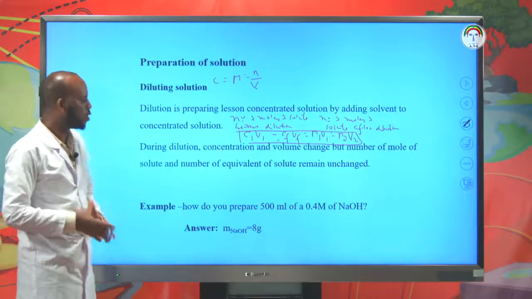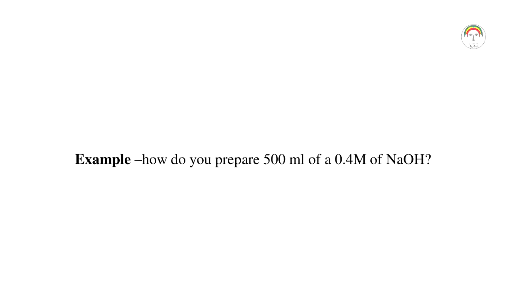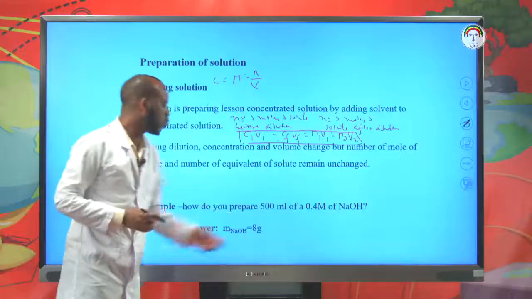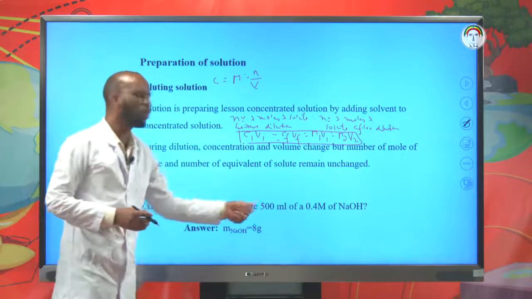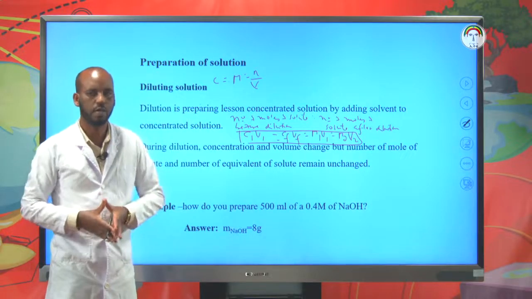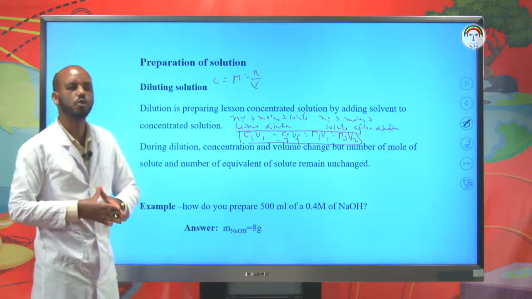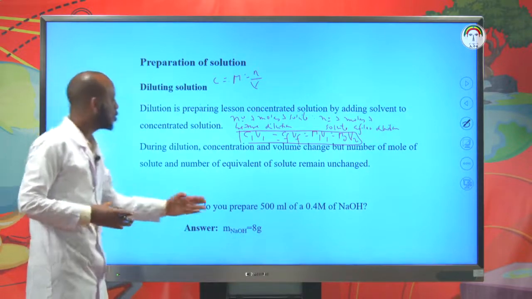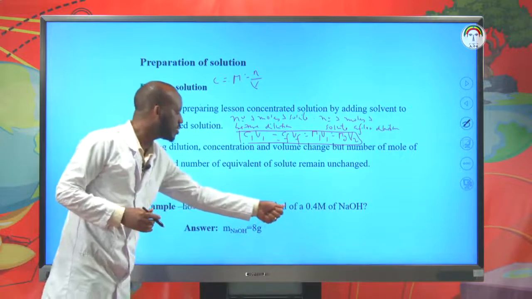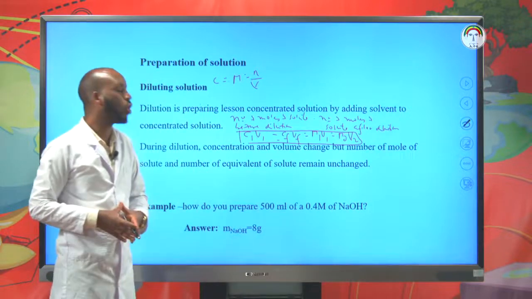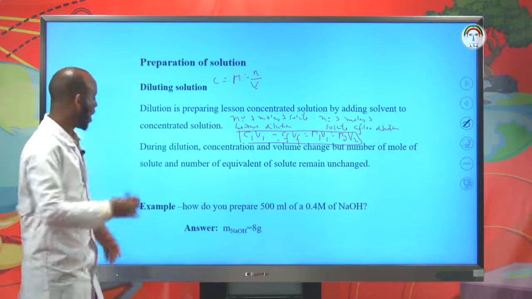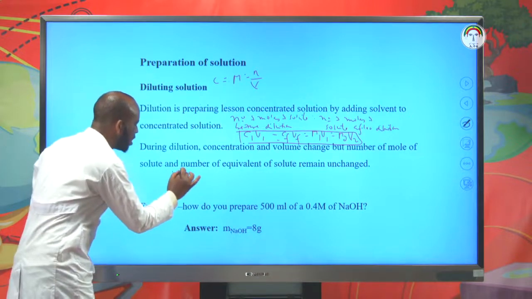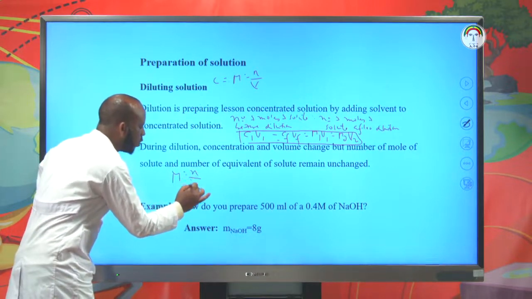Example: how do you prepare 500 milliliter of a 0.4 molar of sodium hydroxide? What is given? Molarity of the solution and volume of the solution is given. You are asked to calculate mass of the solute. Molarity by definition, capital M equals number of moles divided by volume of the solution.